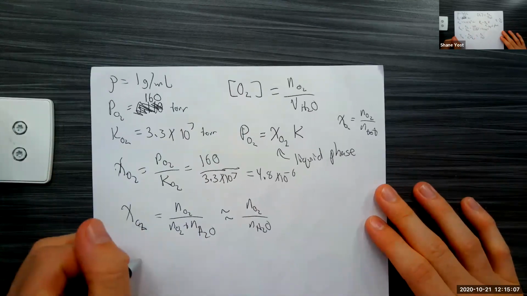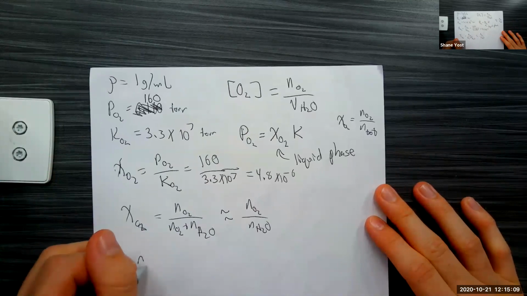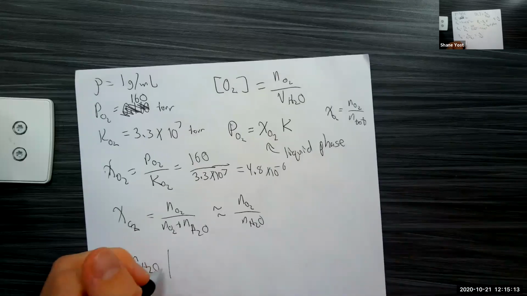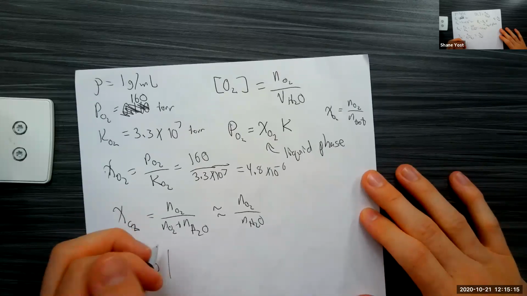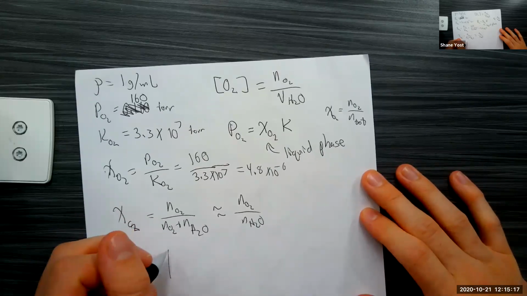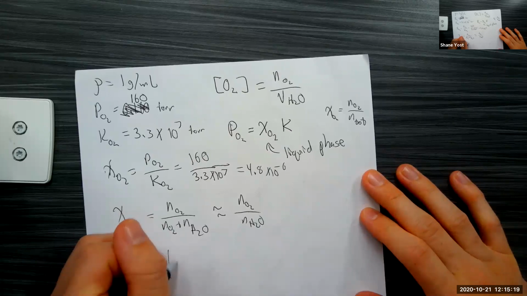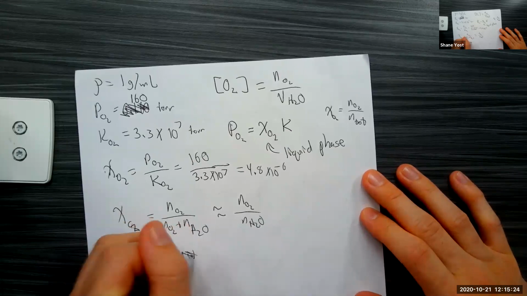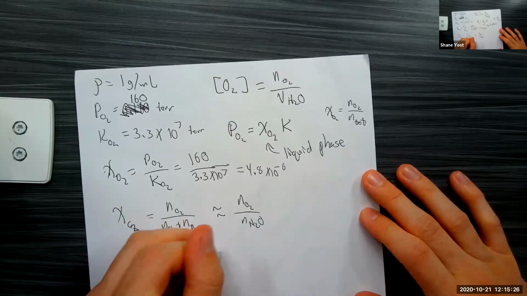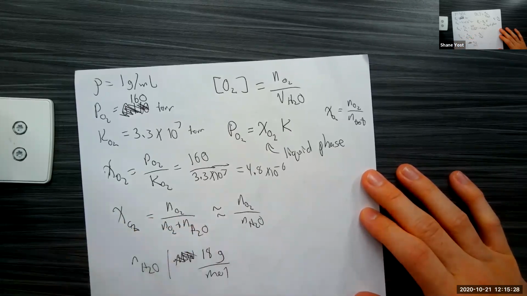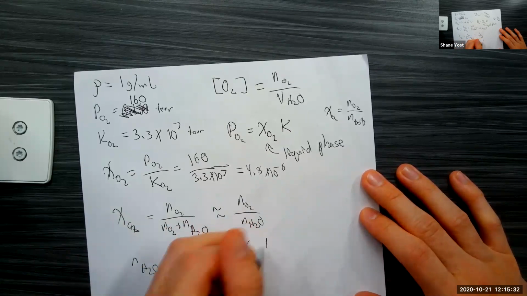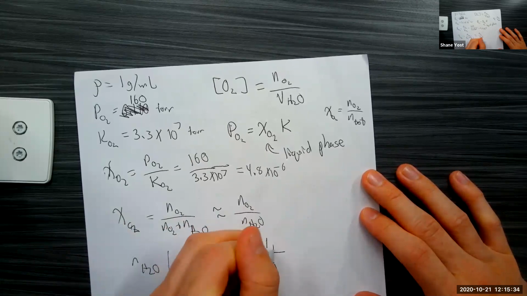And then I can take the number of moles of H2O and multiply by the molecular weight, which is roughly 18 grams per mole. And that gives me grams. And then I divide it by the density, which is 1 gram per milliliter.